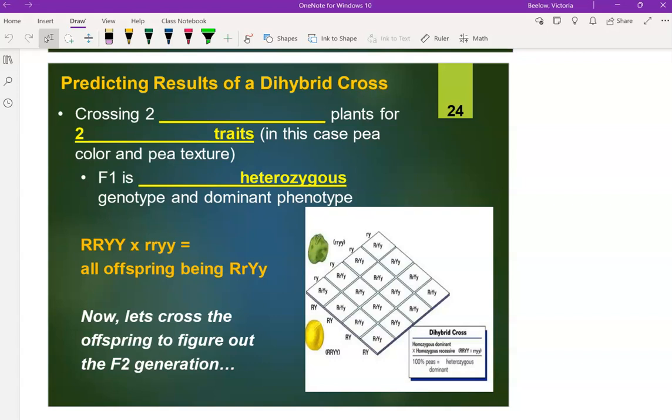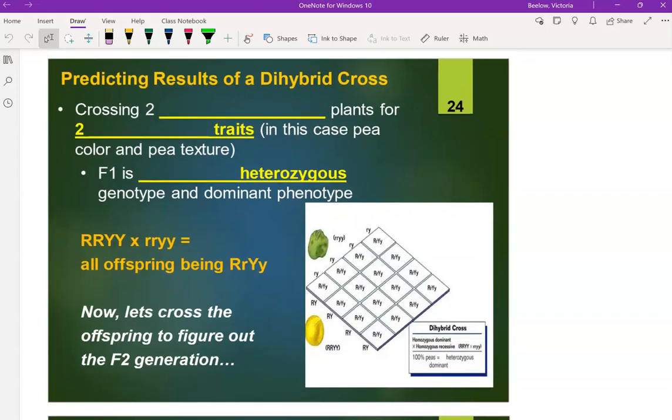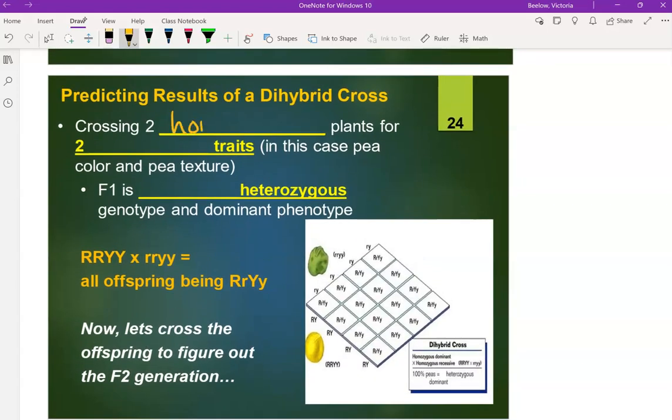First, we're going to see the results of a cross between two homozygous plants for two different traits. In this case, we're looking at pea color and pea texture.